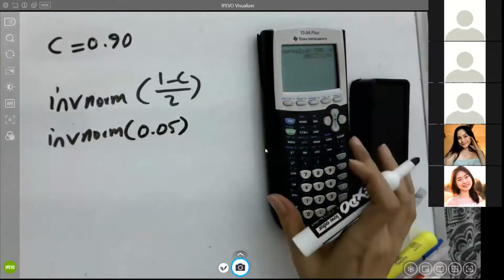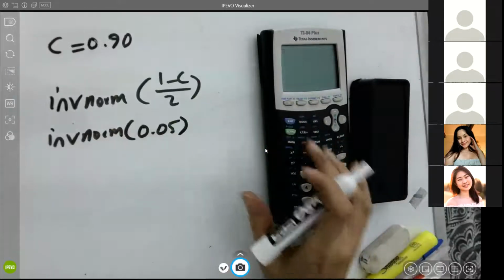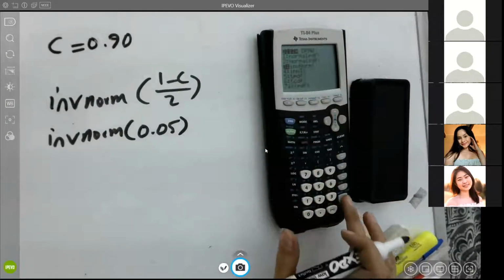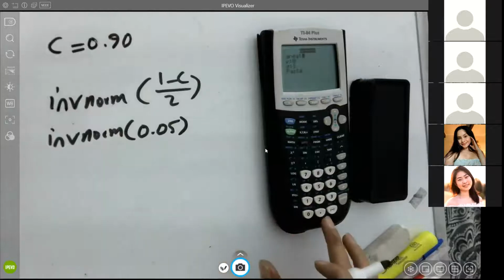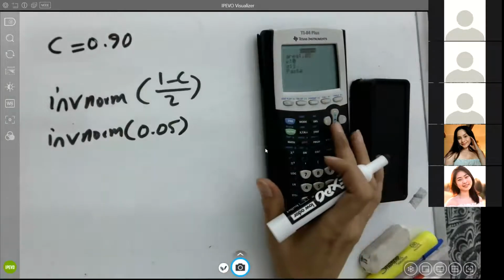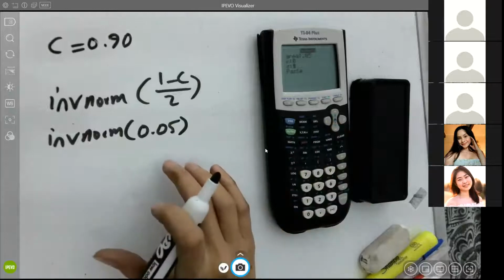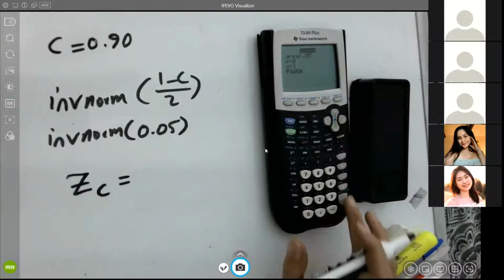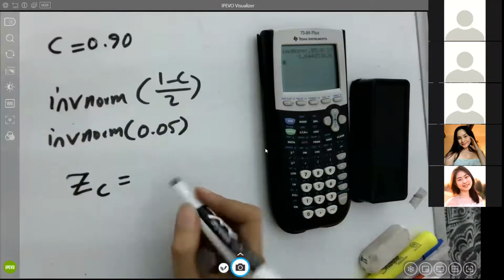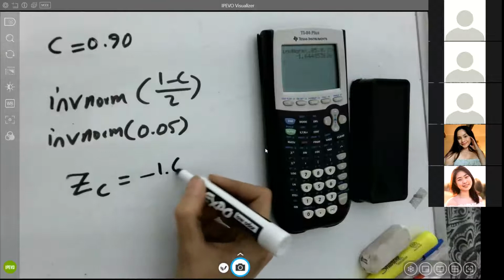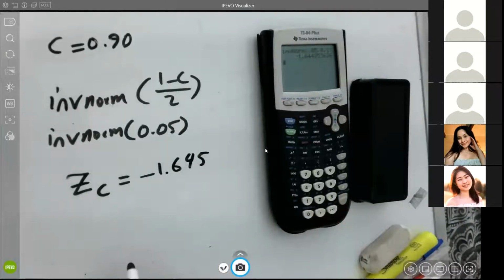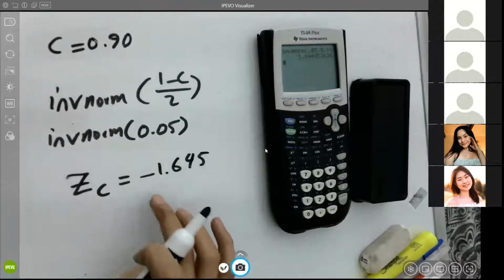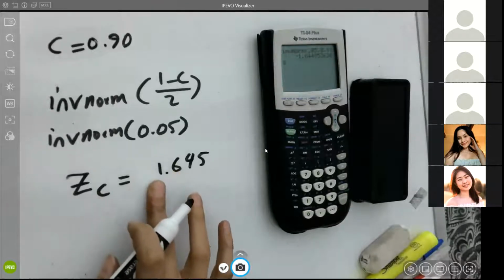Okay, let's turn on the calculator. And here we go to second bars. We need inverse norm. What's the area? 5%. Mean is 0. Standard deviation is 1 because we're finding our ZC, Z value. So paste. Negative 1.645. But since we are using ZC to find the margin of error, we have to use the positive one.